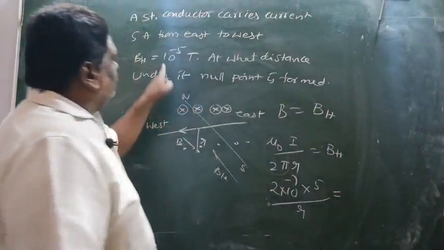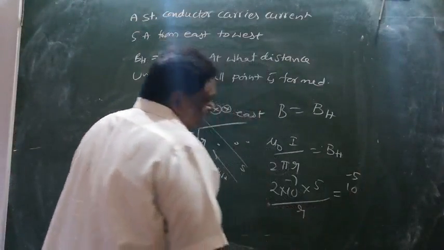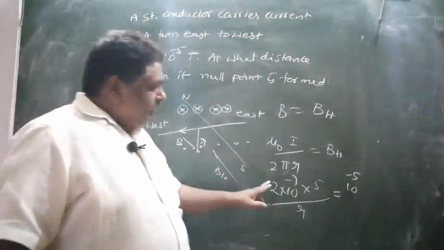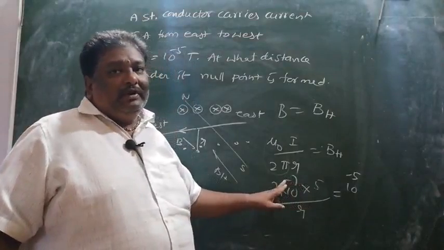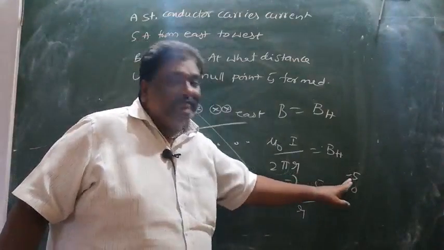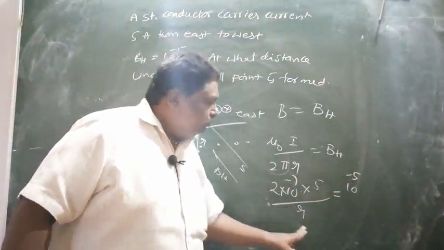BH value is 10 power minus 5 Tesla. See here, 2 into 5, 10. 10 into 10 power minus 7 is 10 power minus 6. 10 power minus 6 minus 5, how much? 10 power minus 1. So r goes to here.